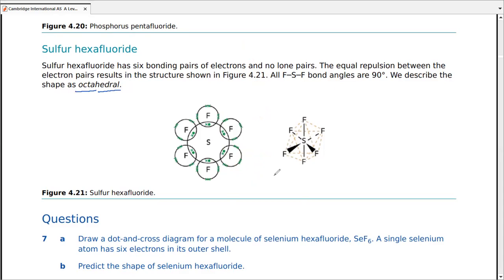Octa means 8, hedral means heads or sides. So 2 of them are in the plane, 2 of them are reaching out to us, 2 of them are going away from us. All balanced angles, hence all of them are 90 degrees to one another. So one shape and one set of angles.